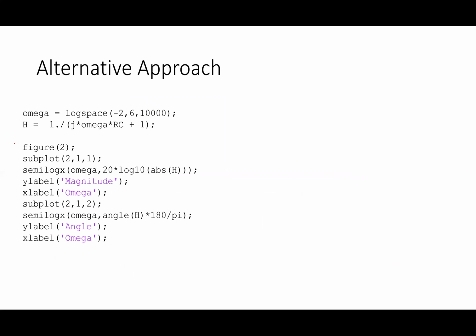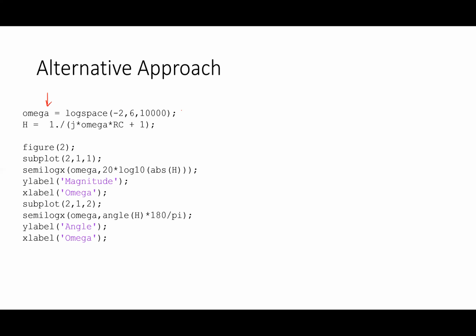We'll use this with a simple example at DC. To figure out how I did that in MATLAB, I generate my omega vector using the logspace command. You can type help logspace to figure out how that works.